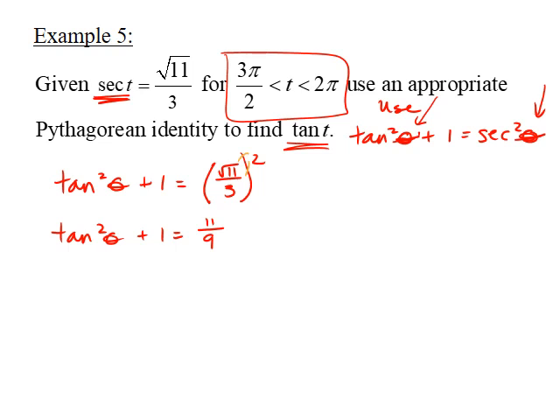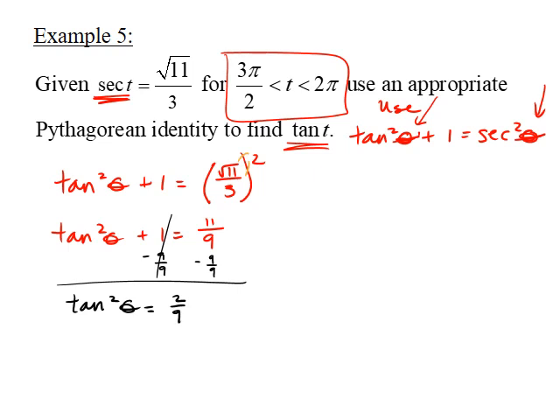I'm going to try to get tangent by itself, so I'm going to subtract 1. And if I'm subtracting 1 from 11/9, I'm going to rewrite this 1 as 9/9. 9/9 is the same thing as 1. So tangent squared of theta is equal to 2/9.